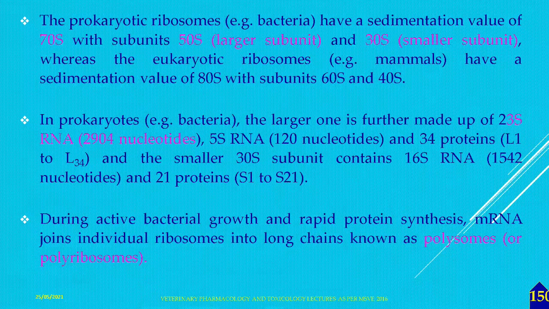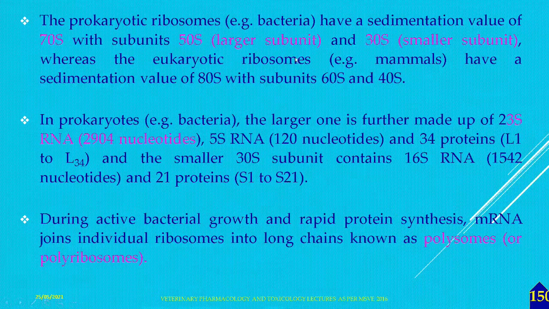The eukaryotic ribosomes have a sedimentation value of 80S, with subunits 60S and 40S. So 60S and 40S combined form the 80S, whereas the 70S is made of the 50S and 30S subunits.